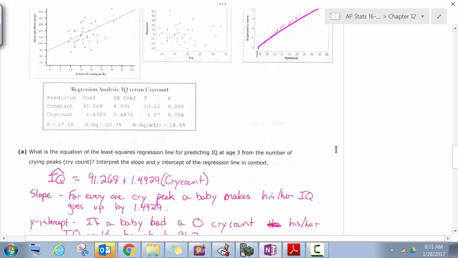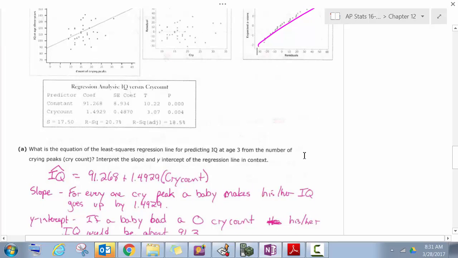So what is the equation of the least squares regression line, predicting IQ at age 3 from the number of crying peaks? So predicted IQ equals 91.268, that's our a. Our b, the slope of our sample, is 1.4929 times the cry count.